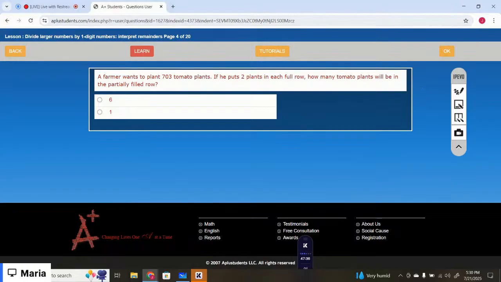A farmer wants to plant 703 tomato plants. If he puts two plants in each full row, how many tomato plants will be in the partially filled row? Let's just divide 703 by 2.